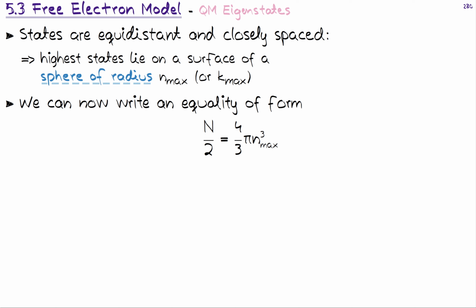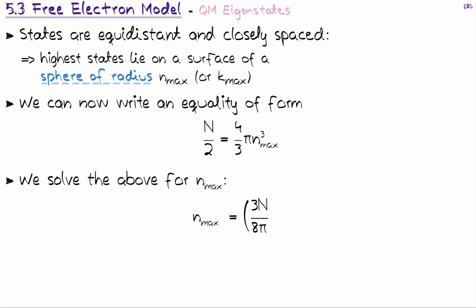And this equation we can solve for n max, and we get that n max must be equal to, inside the parentheses, 3 times capital N, the number of states, per 8 pi, and then we take the cube root of this. And this is essentially the highest integer, or nx squared plus ny squared plus nz squared, inside the square root, that the system will be in.